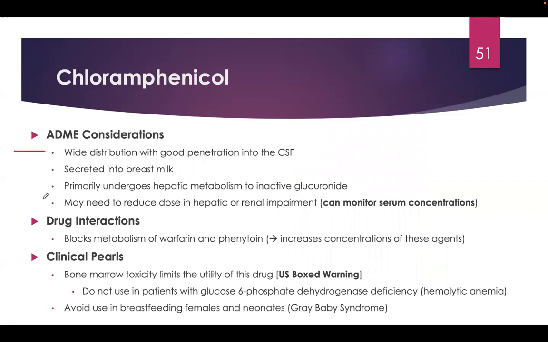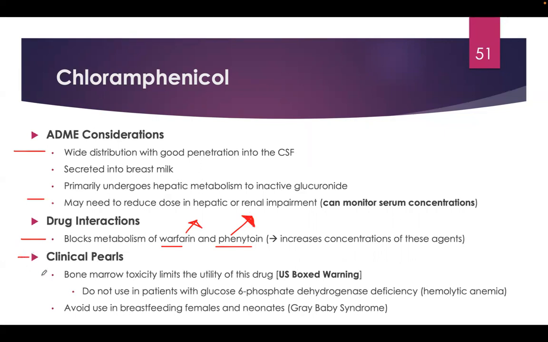You can see all the issues there. You can see the potential for drug interactions, so it can block the metabolism of warfarin and phenytoin, so it can increase your INR and your propensity to bleed. It can increase your phenytoin levels and your propensity to have heart block or nystagmus and the CNS side effects that go with it. Keep that in mind.